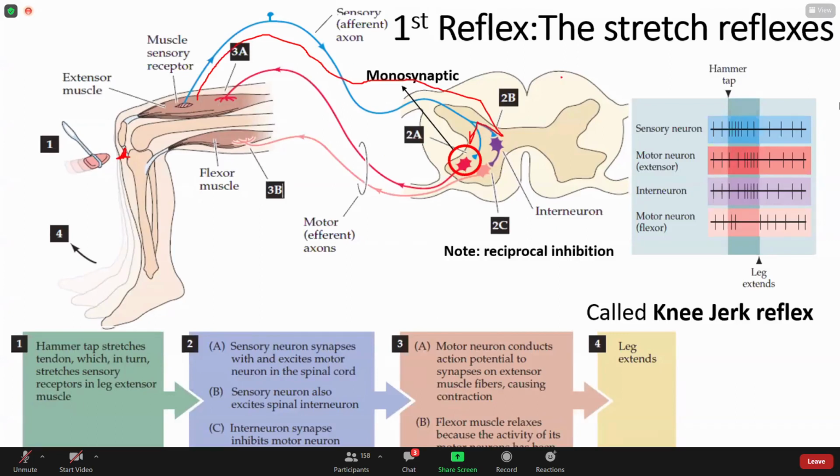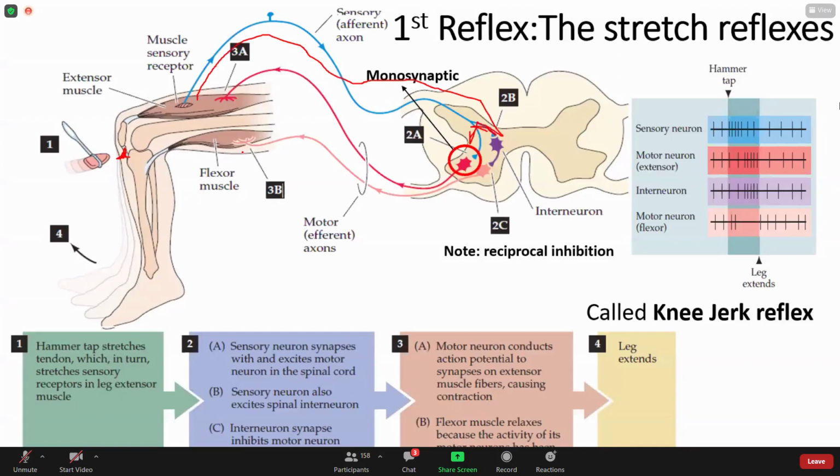At the same time, as you can see here, there is another branch from the sensory neuron, which synapses with an inhibitory interneuron, which will inhibit the alpha motor neuron that is innervating the flexor muscle. And so in this way, the leg would be extending.